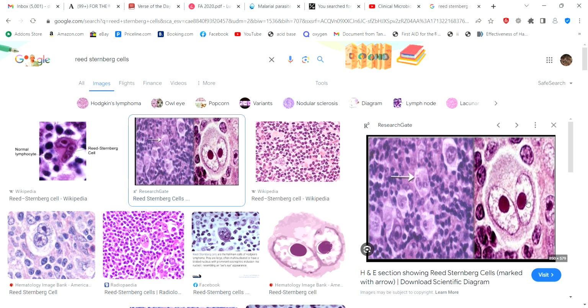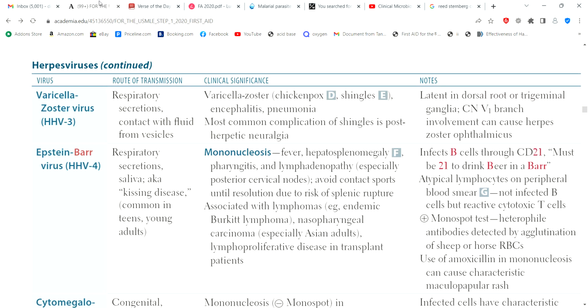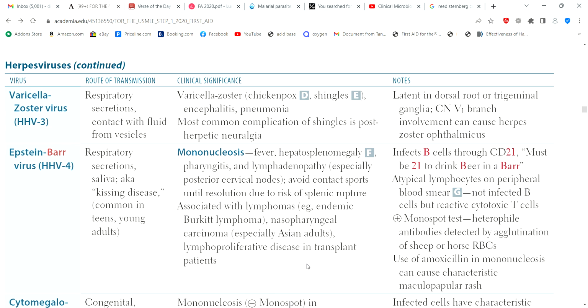It also causes oral hairy leukoplakia. You also see lymphoproliferative disease in transplant patients. You have to know Epstein-Barr virus infects the B cells through CD21.